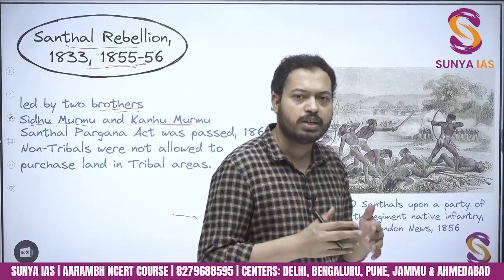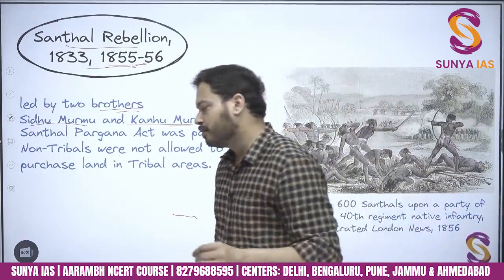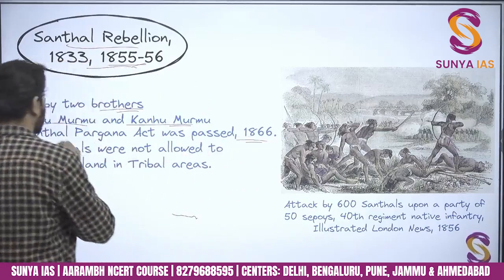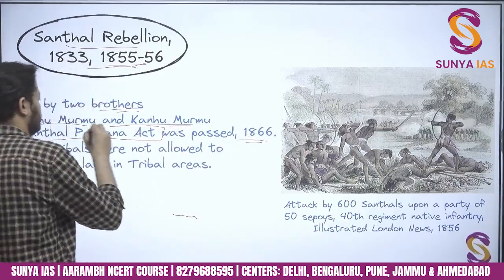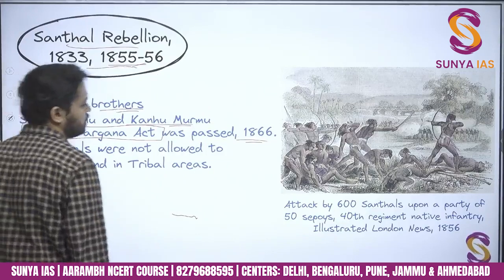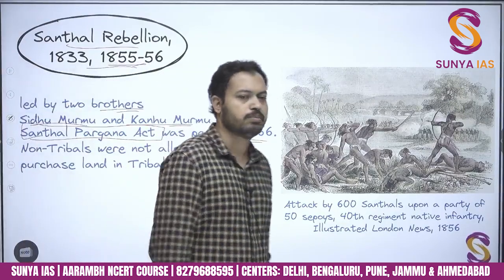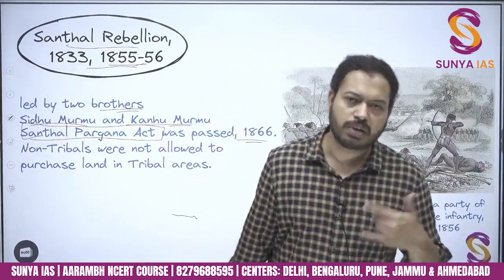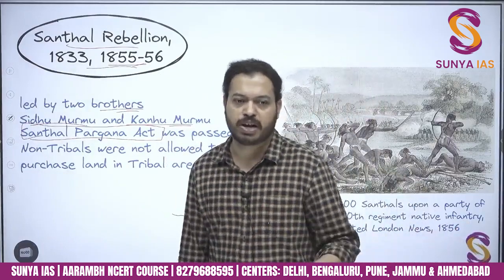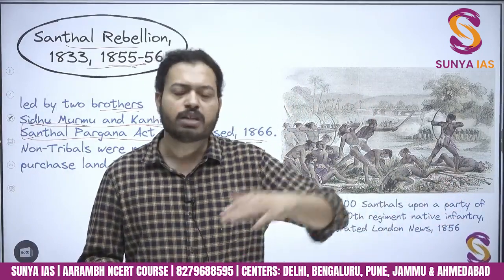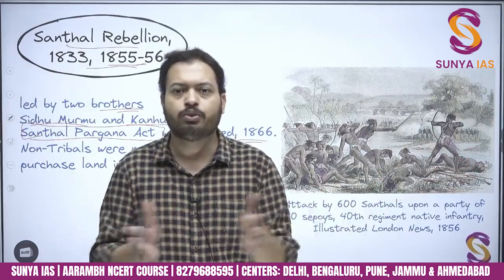Militancy continued for another 10 years until the British East India Company government passed the Santhal Pargana Act in 1866. This was the act I was telling you about, through which the Santhal Pargana was made. Once Santhal Pargana was separately made, all the Santhals from Bengal, what we now call Odisha, and some parts of Bihar, moved to this region only. Pahadiyas were removed from this region so they don't clash among themselves.